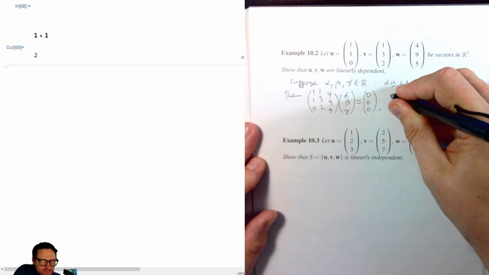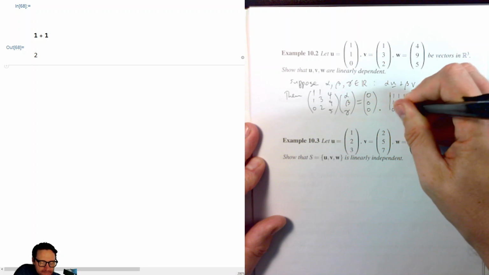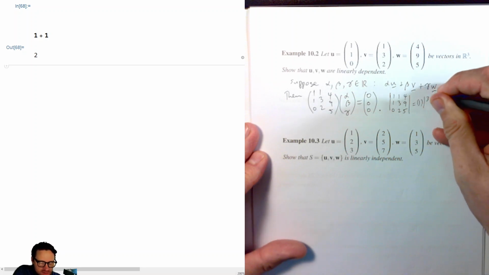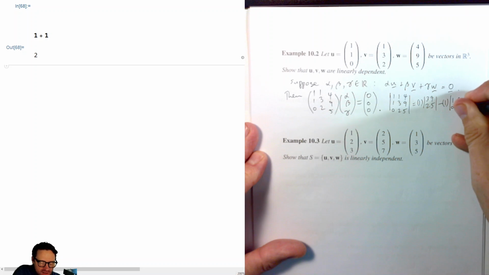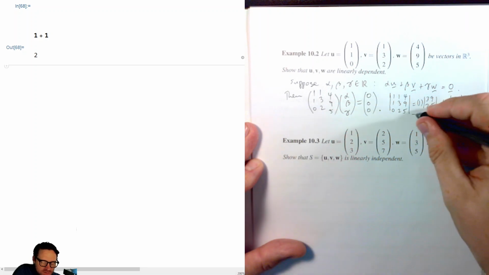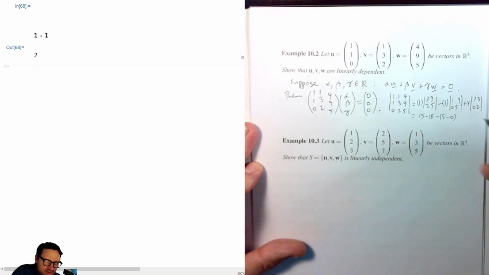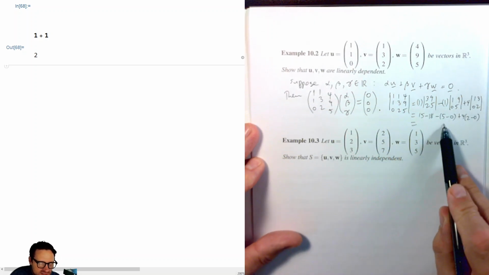So the determinant of this matrix right here is 1 times (3 times 5 minus 9 times 2) minus 1 times (1 times 5 minus 9 times 0) plus 4 times (1 times 2 minus 3 times 0), and this simplifies as, see, 15 minus 18, and then minus 5 minus 0, and then plus 4 times 2 minus 0, which simplifies as minus 3 minus 5 plus 8.